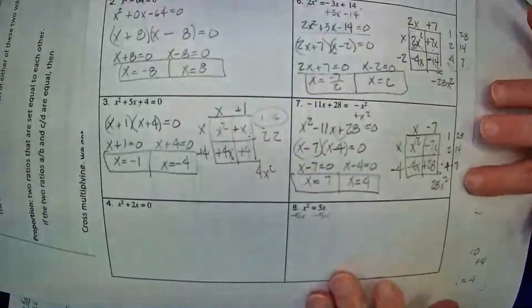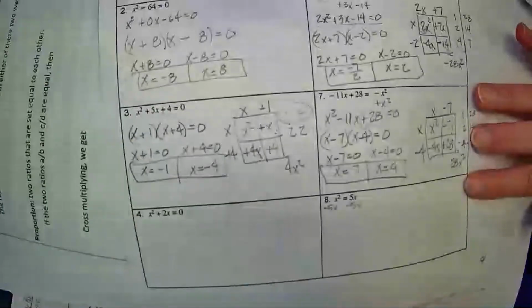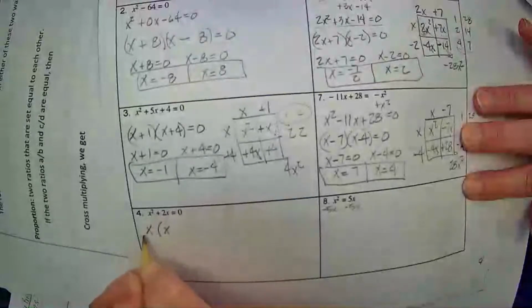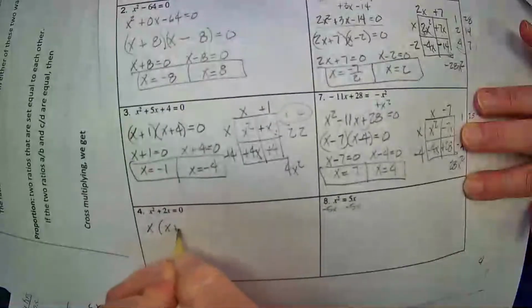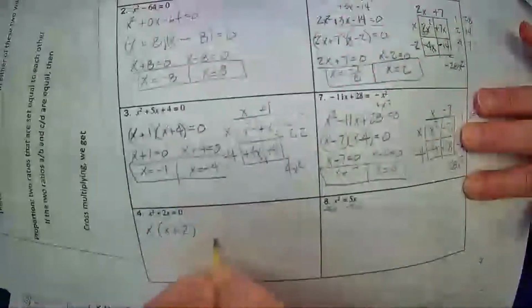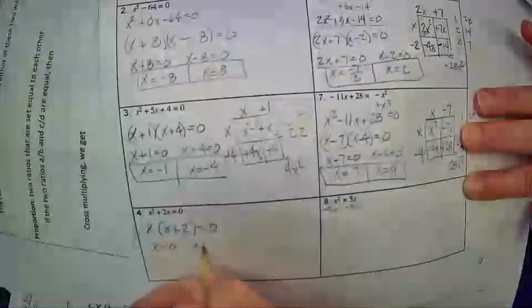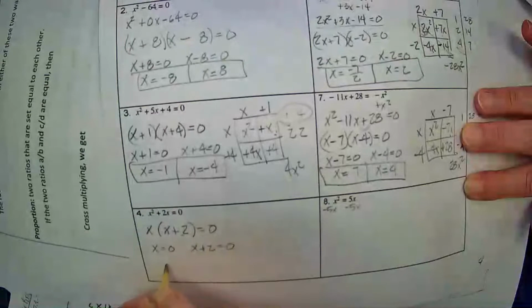So positive 7 and positive 4. Okay, GCF. We pull an x out. X times x is x squared. X times a positive 2 is a positive 2x. Then you set each one equal to 0.